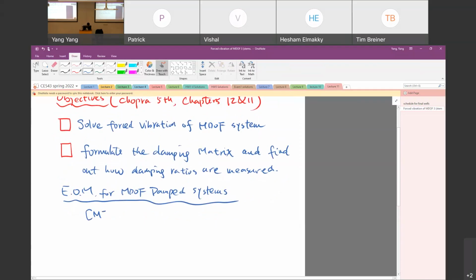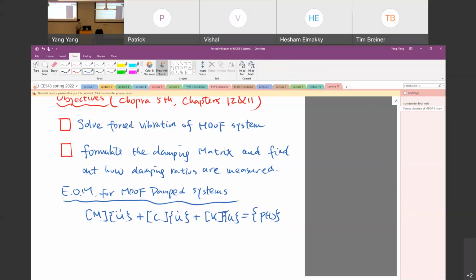The mass matrix times the acceleration vector, plus the damping matrix times the velocity, plus the stiffness times the displacement, equals the force.